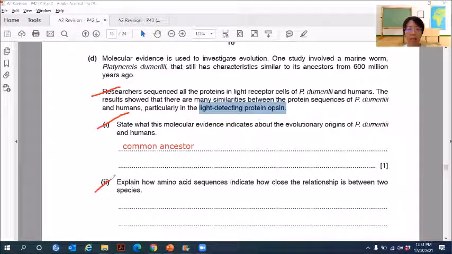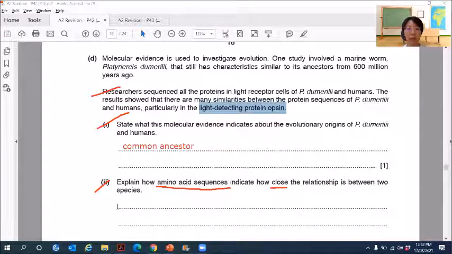explain how amino acid sequences indicate how close the relationship is between 2 species. So I want to know, based on the amino acid sequence, how close is the relationship. So very easy, right?